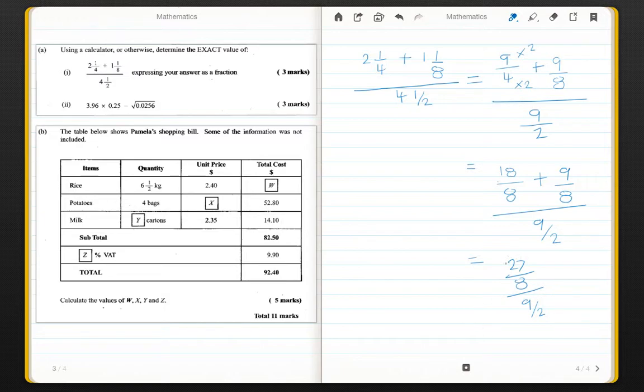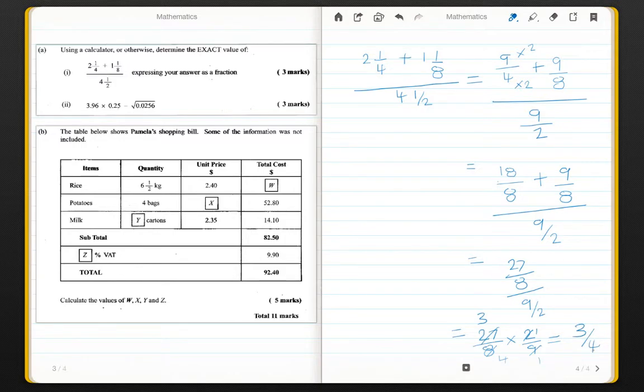And now, when you have a fraction divided by another fraction, you can always rewrite it as 27 over 8 times 2 over 9, and that is going to be equal to, this can cancel with this, this can cancel with this, and we're left with 3 over 4.